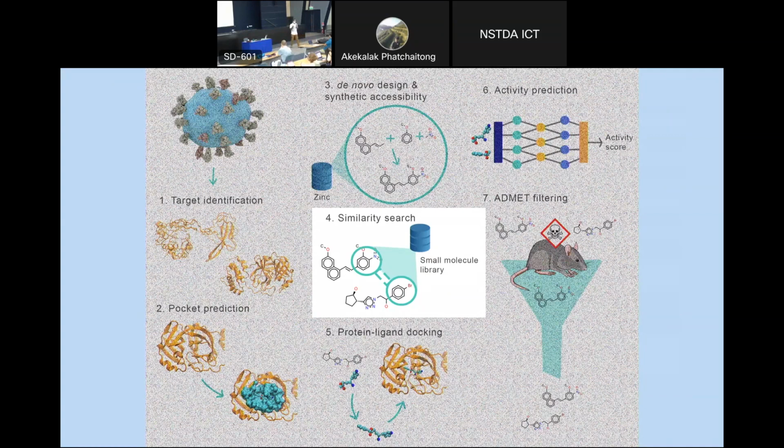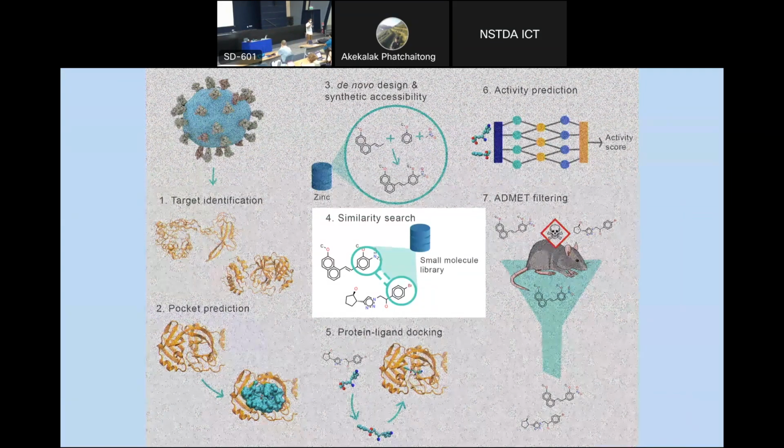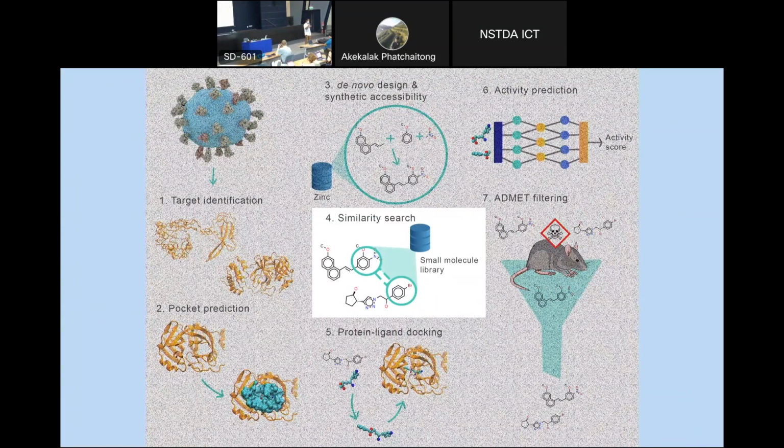It's called a similarity search. The idea behind it is, if two molecules are similar, and how do you define similar? We'll come to that. If two small molecules are similar, most probably they will bind to the same pocket. So that is the assumption behind it.